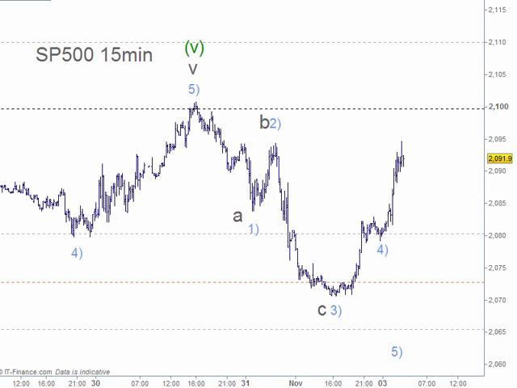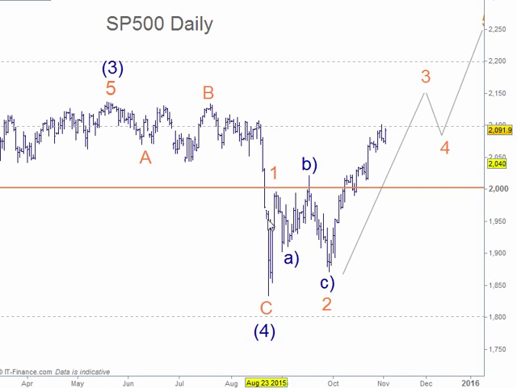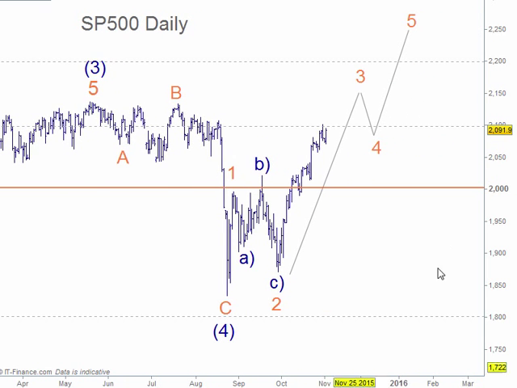So on that note, I'm going to go to the daily chart just to show the bigger picture that we need to be looking at now, which is not that new. We'd been looking at something like this before.